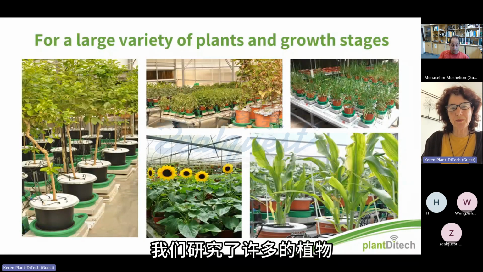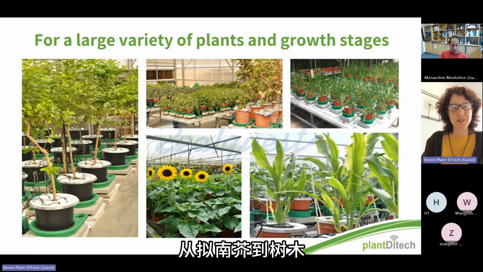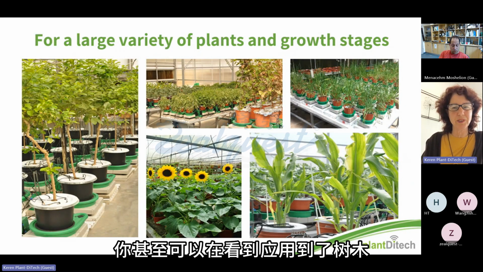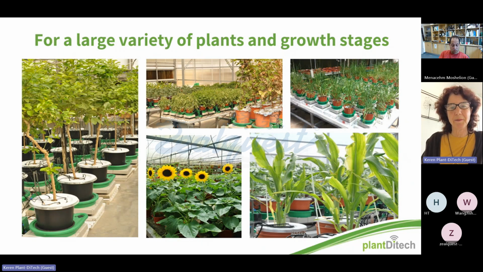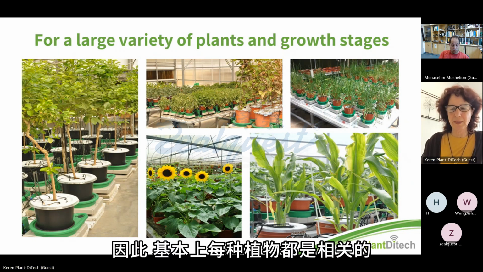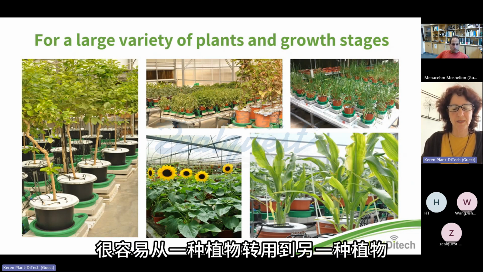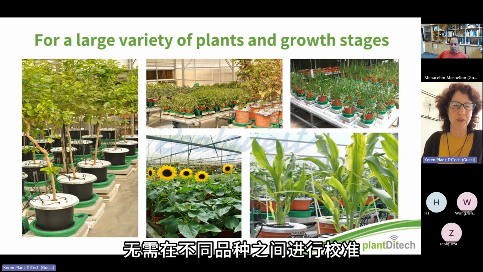We work with many different plant types, from Arabidopsis to trees. You can see even trees on the system. So basically every type of plant is relevant, and it is also very easy to move from one plant to the other with no need to calibrate between different species.